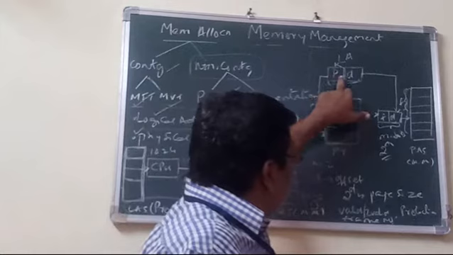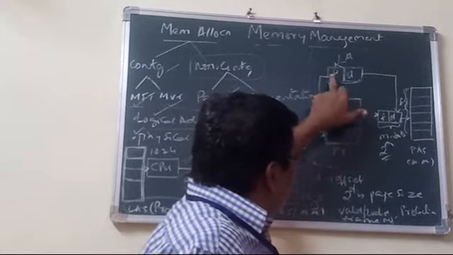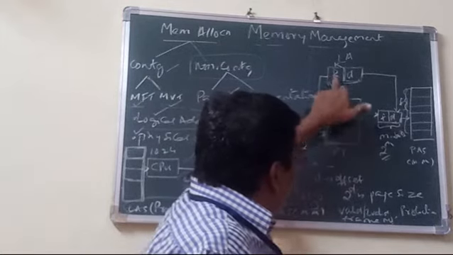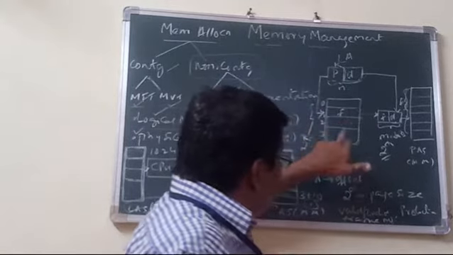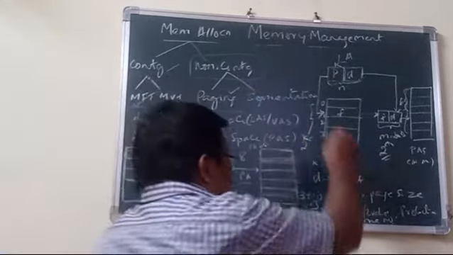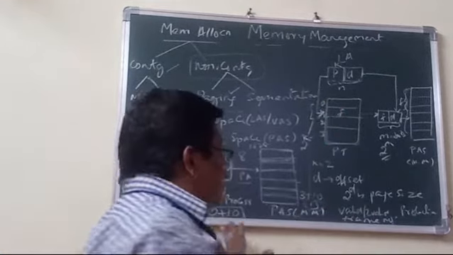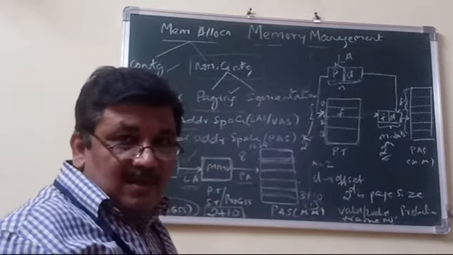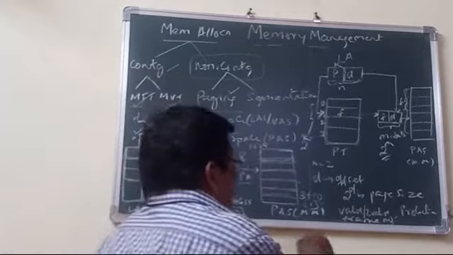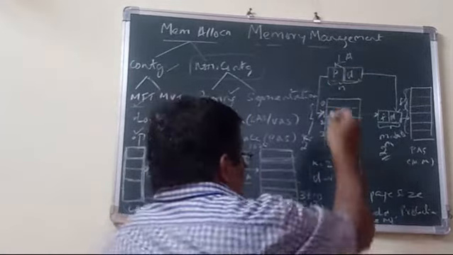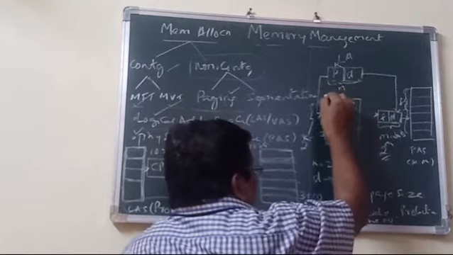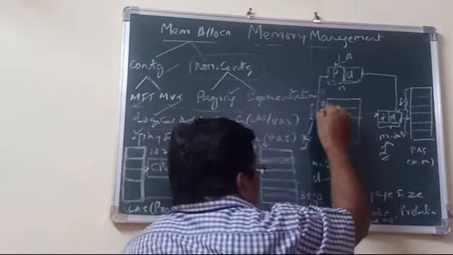Suppose we have 2 bits here: 00 means the first location, 01 means the second location, 10 means the third location, 11 means the fourth location. So it is used to address the page table. Depending on the content of P, suppose it is 01, that means this location.